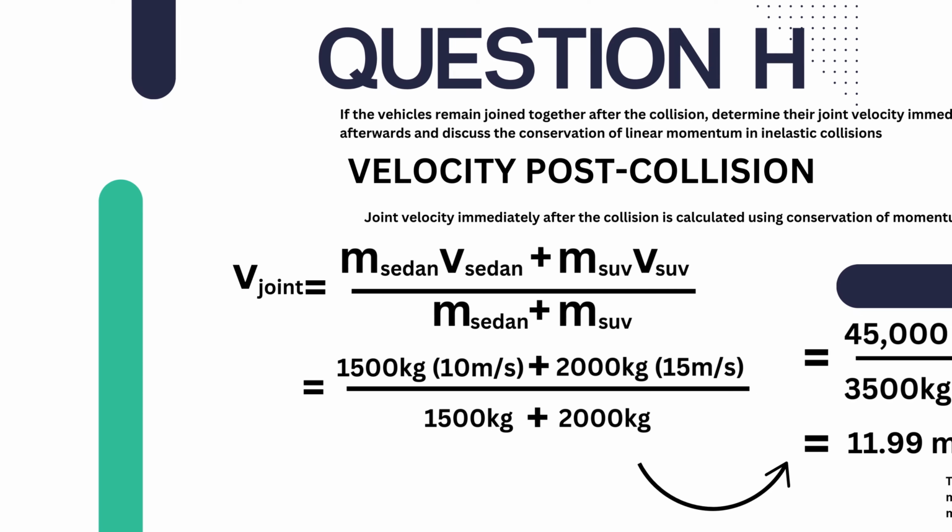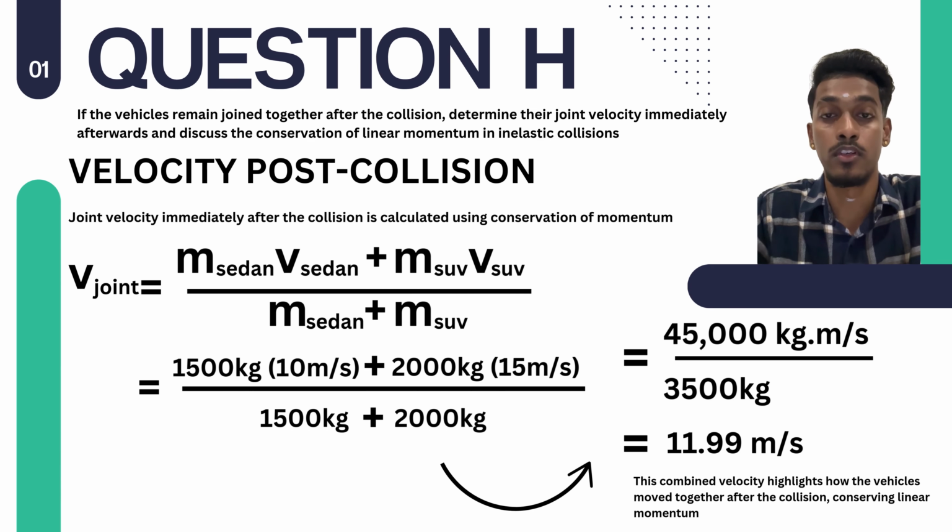And the last question is question H, which is about post-collision velocity. We calculated the velocity of the joint vehicles post-collision using conservation of momentum. First, we list out the mass and velocity of both the sedan and SUV. Then we substitute in this formula, which is mass of sedan times velocity of sedan plus mass of SUV times velocity of SUV.